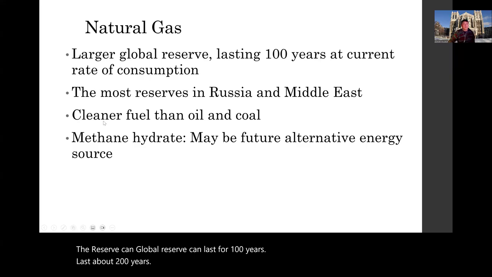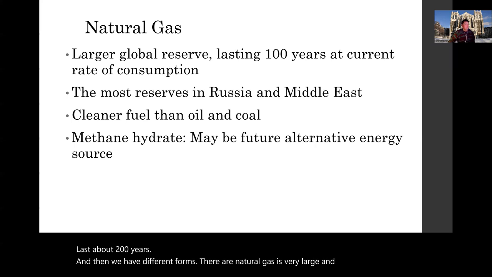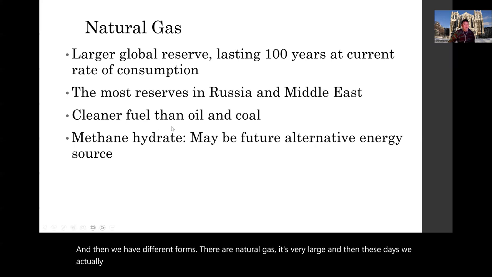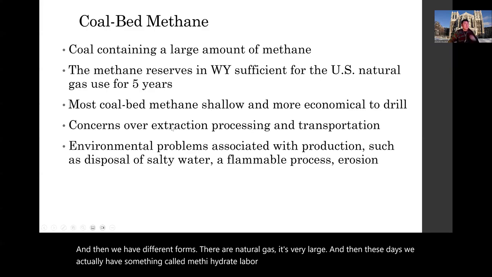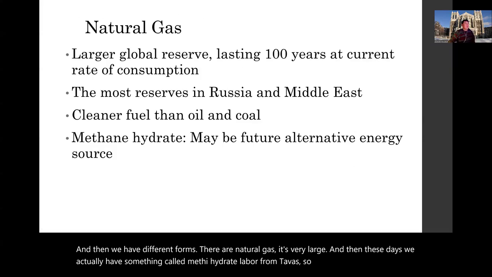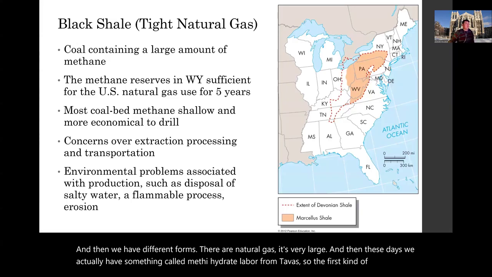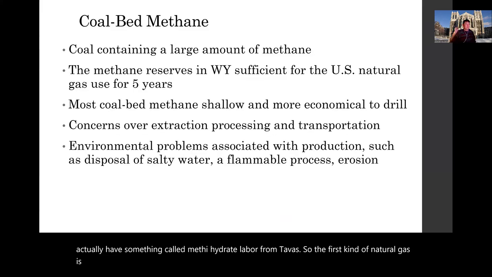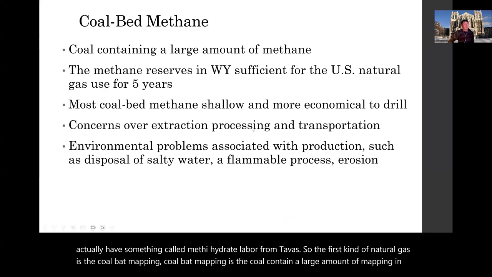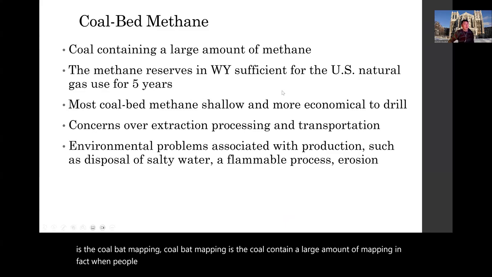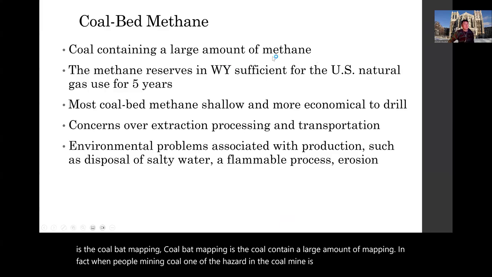And then we have different forms of natural gas, and the reserves are very large. These days we actually have something called methane hydrate, which we'll talk about later. The first kind of natural gas is coal bed methane. Coal contains a large amount of methane. In fact, when people mine coal, one of the hazards in the coal mine is methane gas.